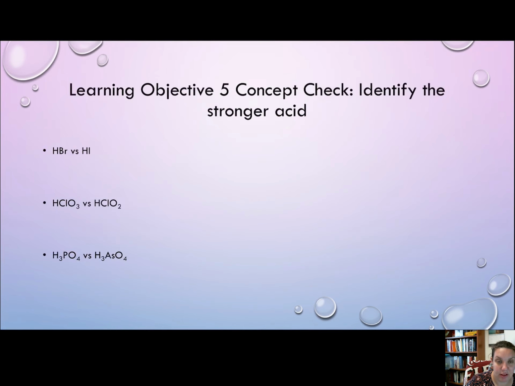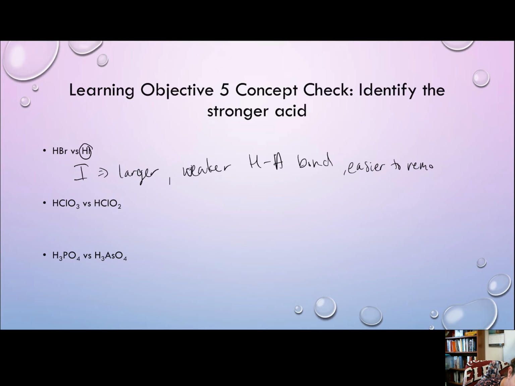Okay, so let's look at this. We're going to compare HBr and HI, and we're going to identify which one is a stronger acid. This one would be our stronger acid, and that's because iodine is larger, which means that it has a weaker HA bond, so it's easier to remove H+.